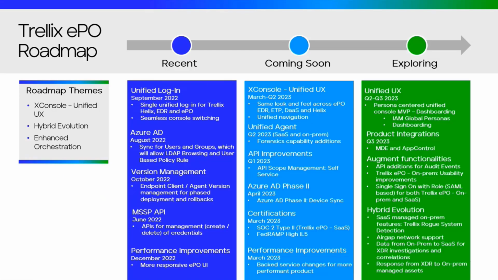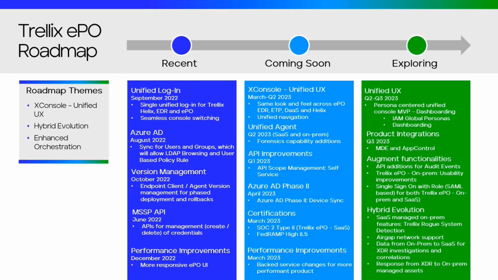Now, with that, let's look at what we've delivered in the recent time frame, from the perspective of the late part of 2022. We ensured that the products that are coming together with FireEye and McAfee Enterprise have a seamless console switching experience and also a single unified identity.